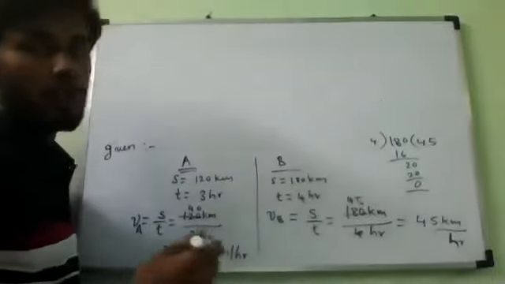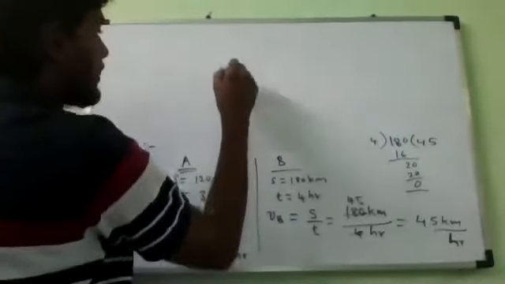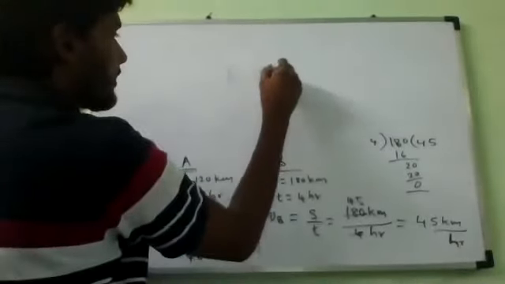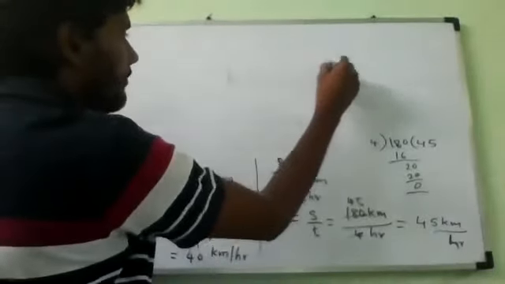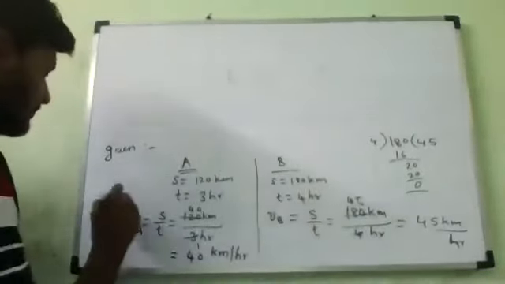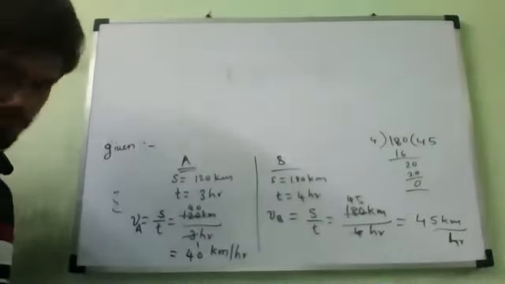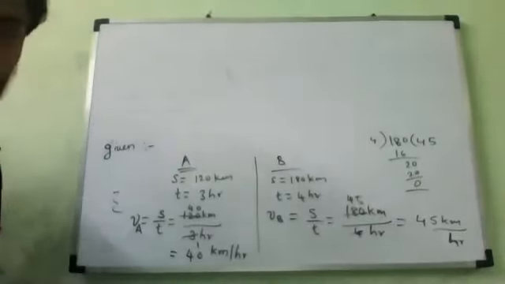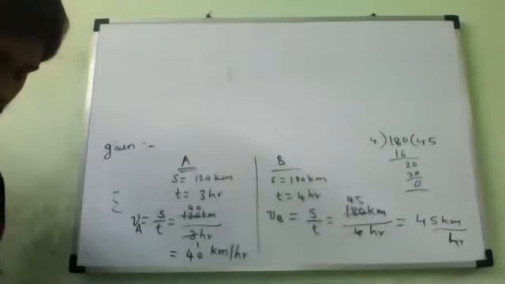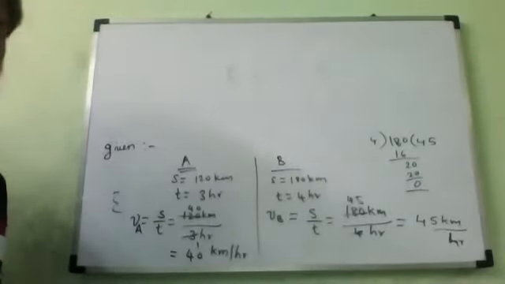So since the speed of B is higher, therefore train B traveled faster. That's all. Write it. Have you solved or not? All of you? No, solve slowly.